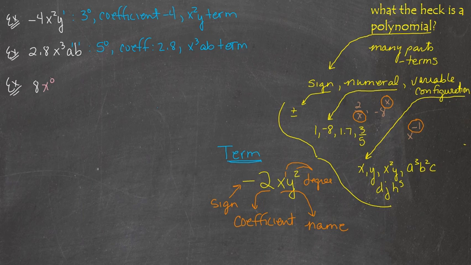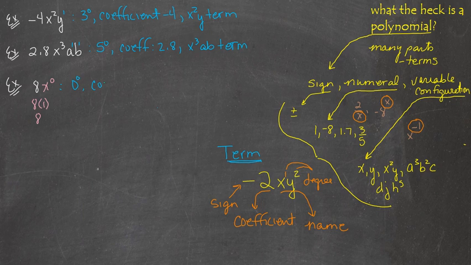Remember, anything to the 0 power equals 1. So this is really just 8 times 1, which equals 8. We don't write the 1 down when something is times 1. And we don't write the variable down when it's x to the, or some variable to the 0 power. All of this is not written, but this is still a polynomial. So let's go ahead and break it down then. So it's a 0 degree.